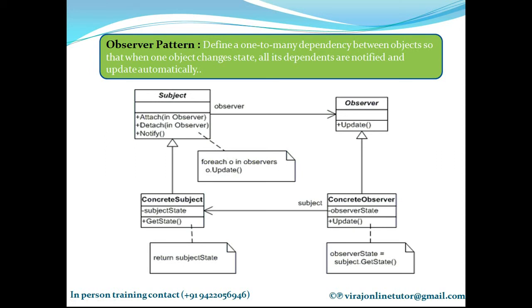The attach function is getting observers from outside, so it will just attach this to the list. Suppose I call attach 10 times with 10 different observers, it will attach 10 different observers to this list.